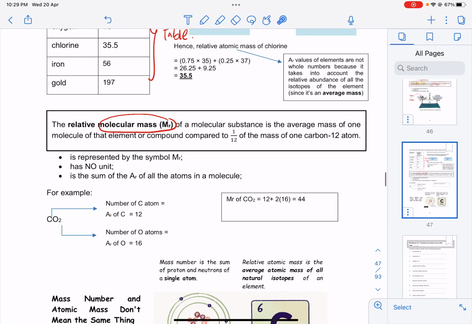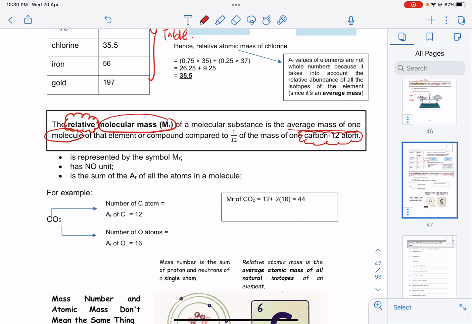If I'm talking about molecular mass, then it would be the average mass of a molecule. Similarly, because the definition is relative molecular mass, it's compared to a particular element. What element is it compared to? It is compared to a carbon 12 atom.